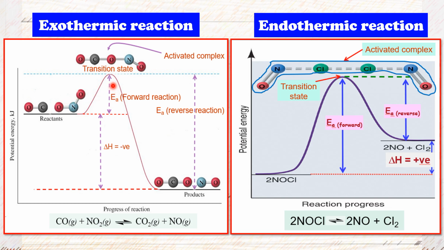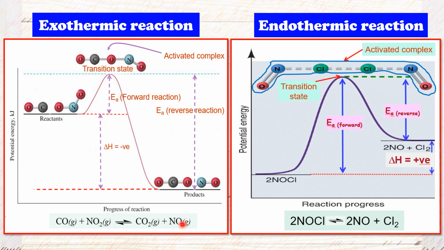So it will form activated complex at the transition state, which means the effective collision will occur and the atom here it will arrange in this configuration. So this is what we call transition state, and the product form here is what we call activated complex. It will produce the product which refer to CO2 and NO.